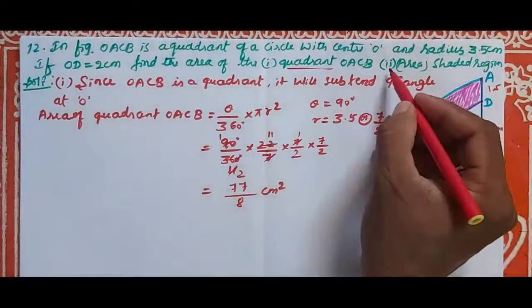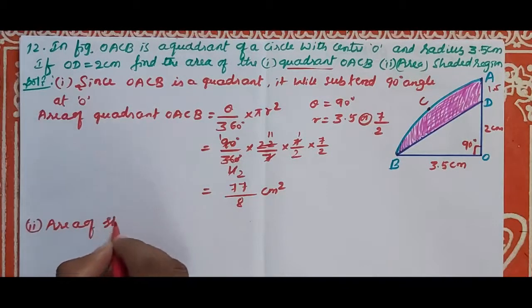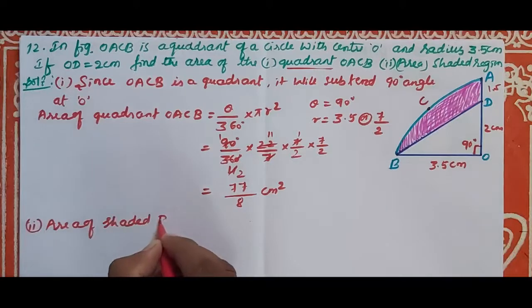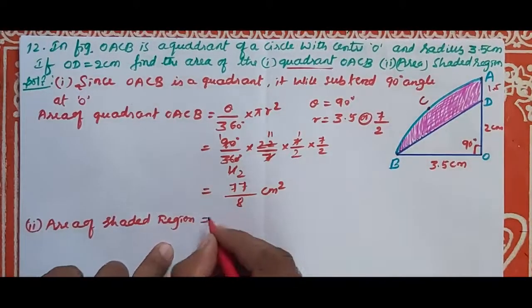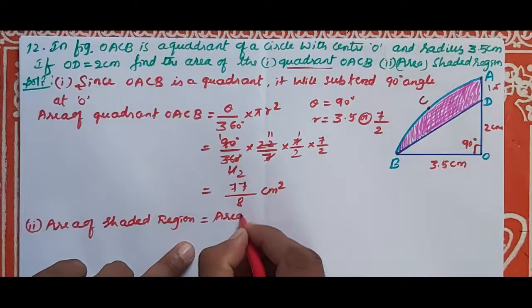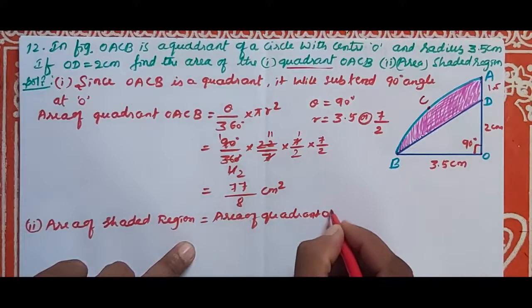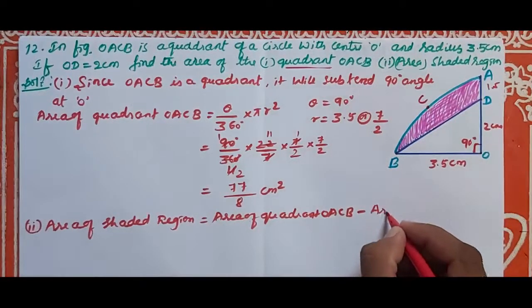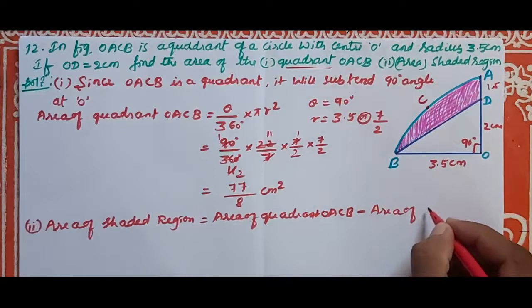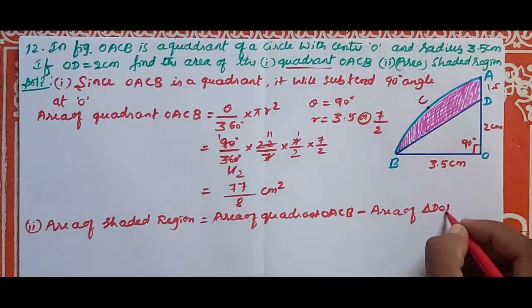Now remaining, we need to find out the second one, area of shaded region, right? Which is equal to area of quadrant OACB minus area of triangle DOB.